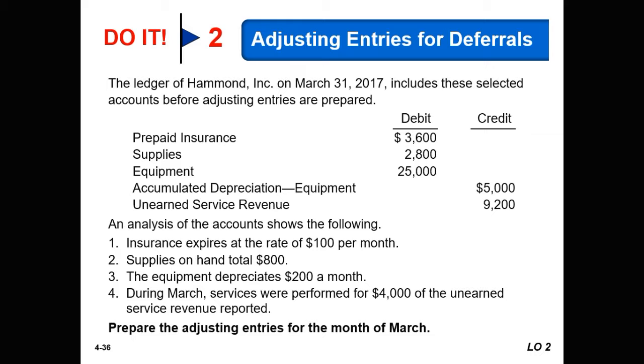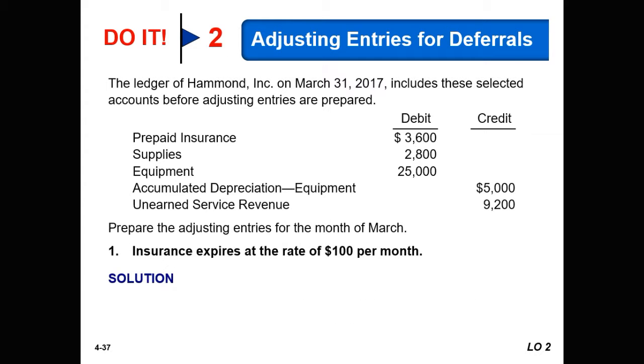So I'll give you just a moment to think about this particular first instance of insurance expiring at the rate of $100 a month. What is insurance? What type of a deferral is this?